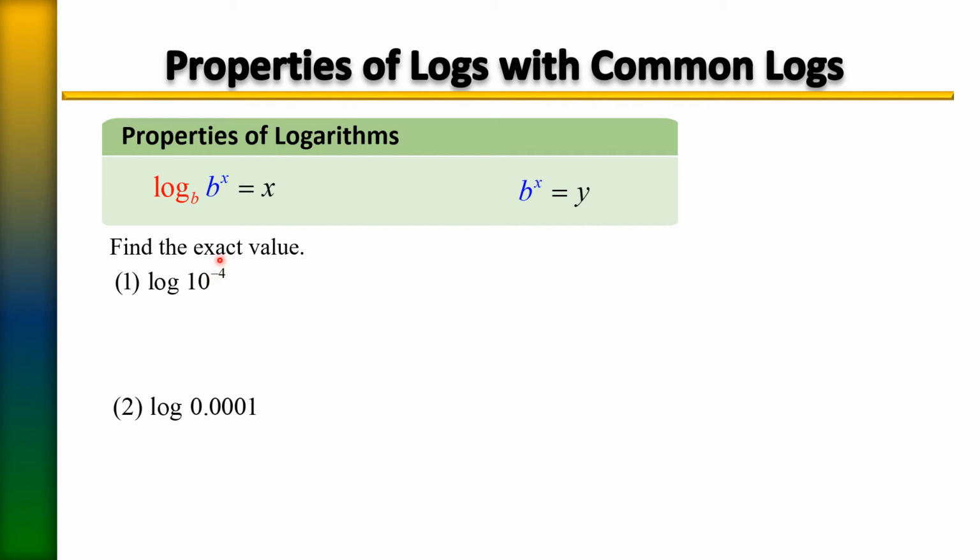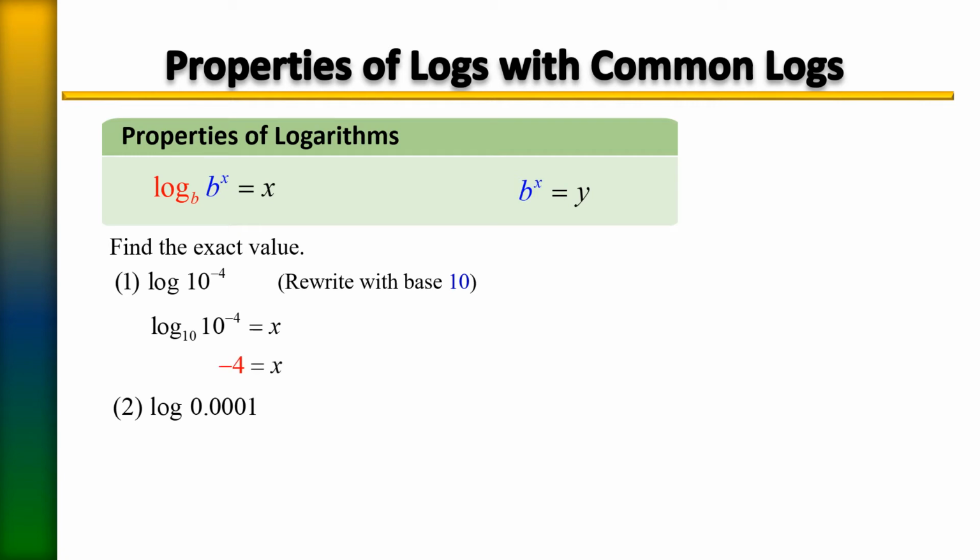So I can already see that this is going to equal -4 just by that property of log that states whenever the base is the same as the argument part, that is going to equal the exponent. So again, this is going to equal -4.